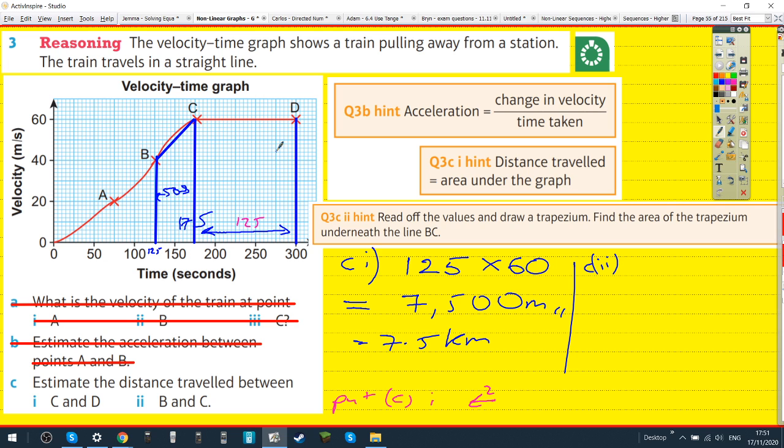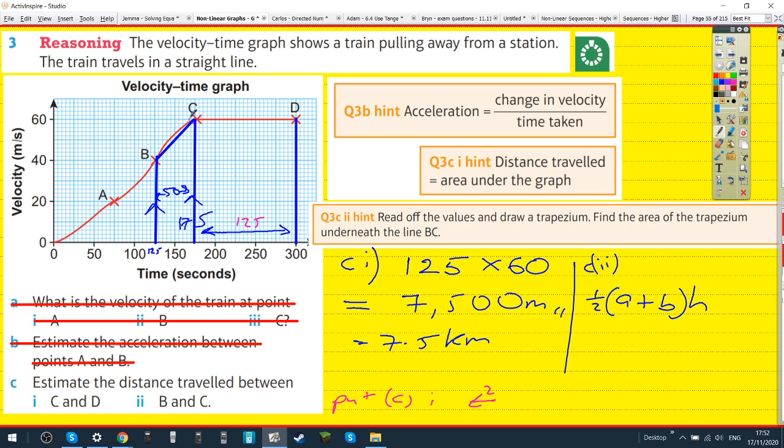Do you know how to find the area of a trapezium? No. It is half times (a plus b) times h, where a and b are the two parallel sides and h is the perpendicular one. So a and b would be the two going straight up.